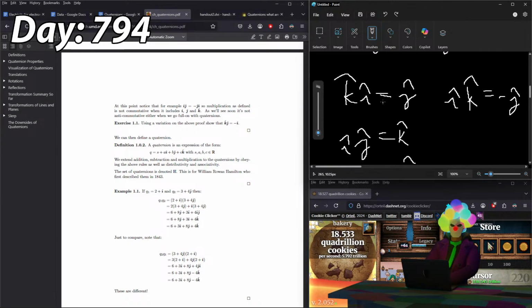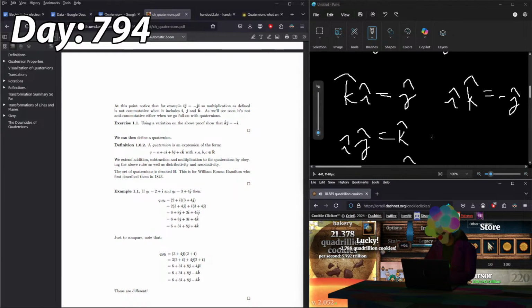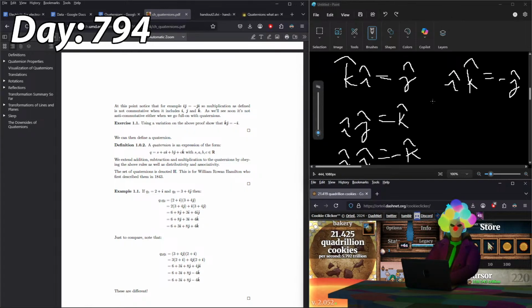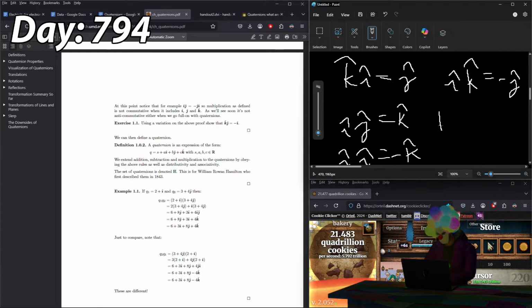Okay, so we have this. Using this, we're trying to show that kj is equal to negative i. Okay. Now, kj is equal to j, ij is equal to k. kj is equal... I'm an idiot.